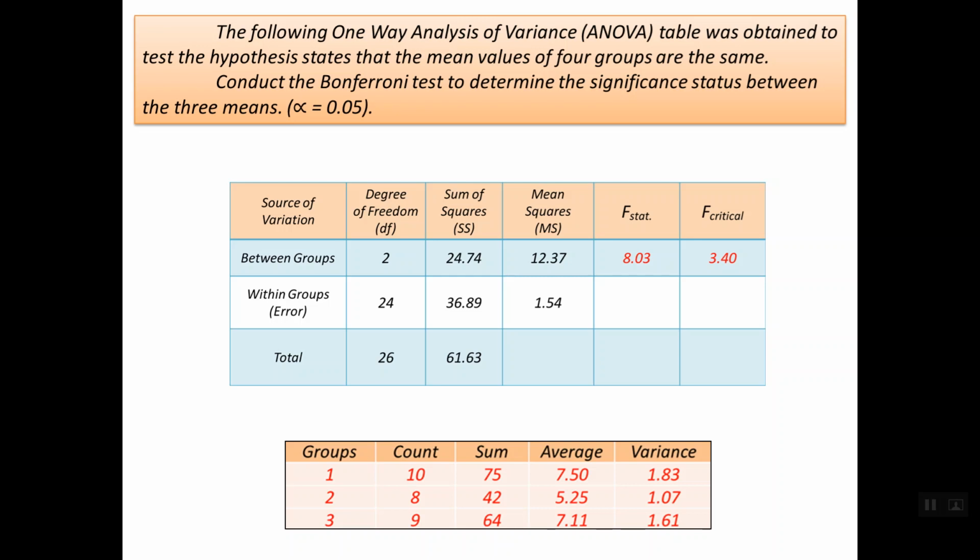This is our question here. We have a one-way ANOVA table, and in this table we can simply conclude that because the value of the F statistic, or F calculated, is greater than the value of the critical F, there is a significant difference between the means of the groups for the experiment.